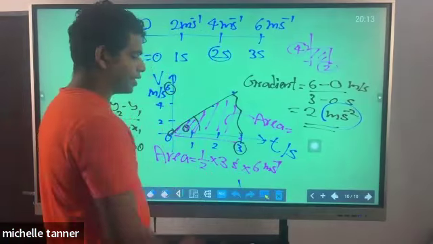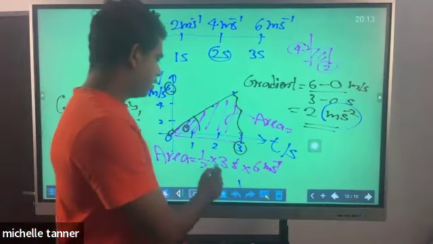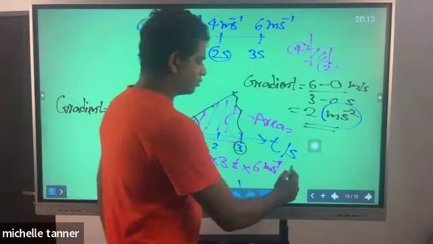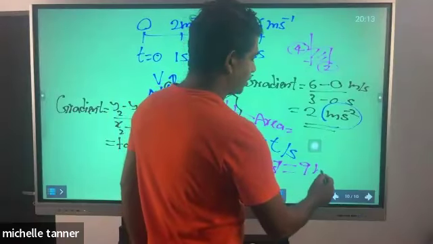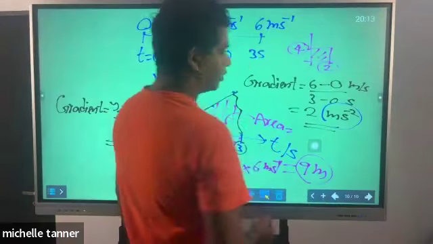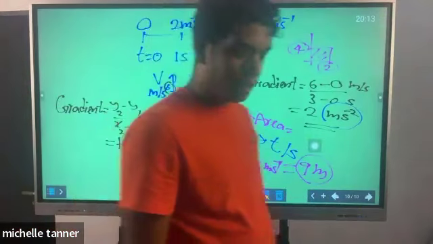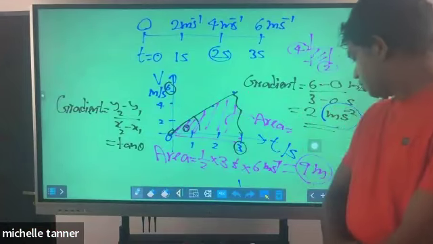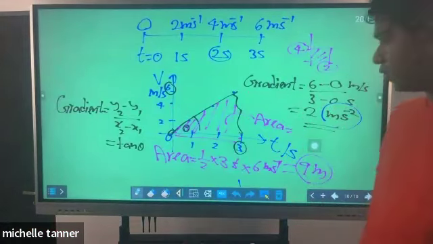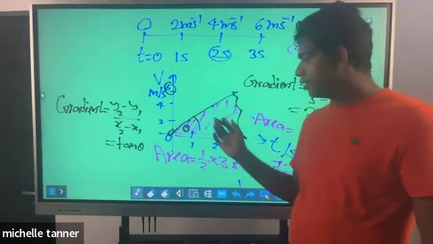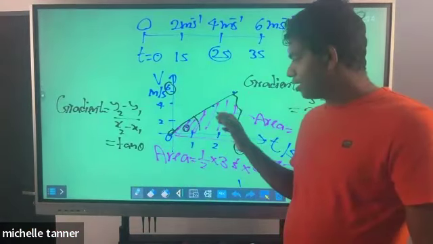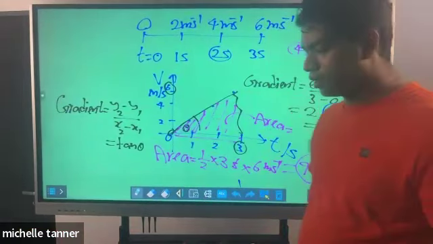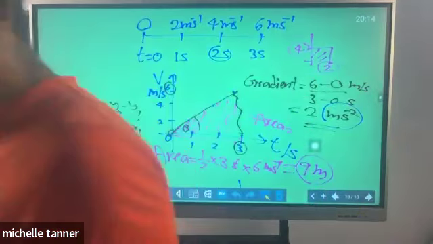Then seconds cancel. 6 over 2 is 3. 3 times 3 is 9. 9 meters. The unit is meter, a unit of distance. So remember, the area covered by the graph equals distance or displacement. Is it clear?